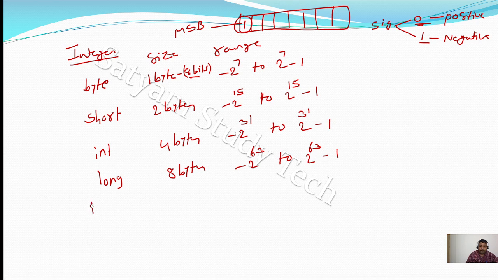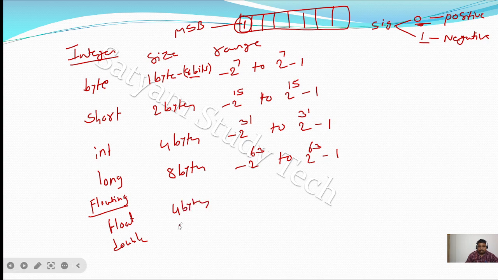Floating points can also store positive and negative values. Here we have float and double. Float is 4 bytes and double is 8 bytes. What is the range?